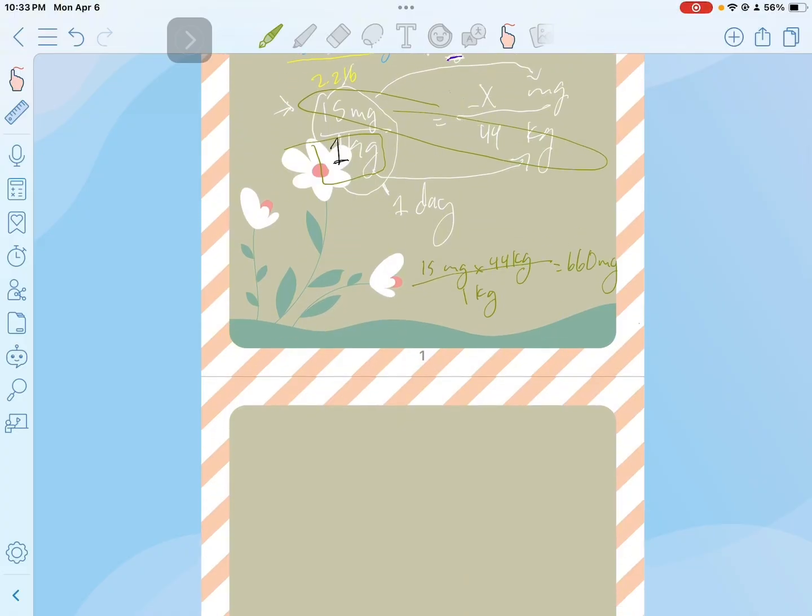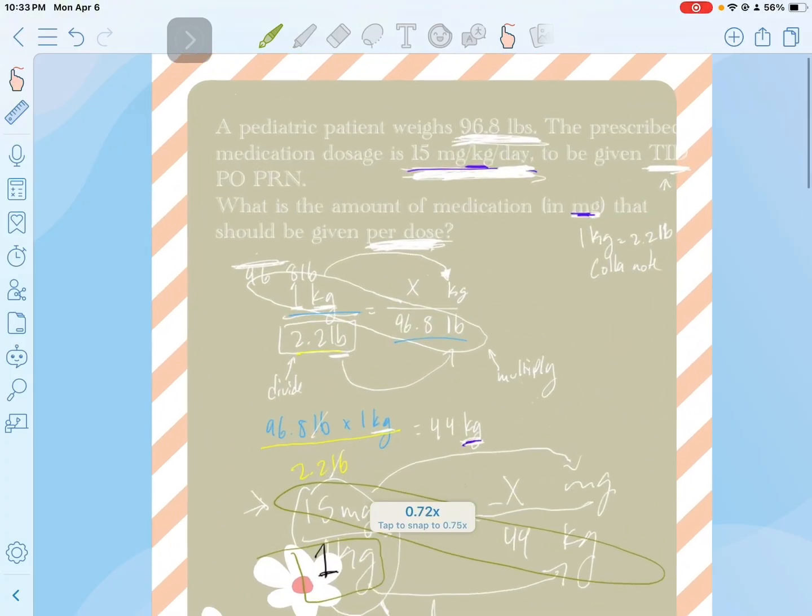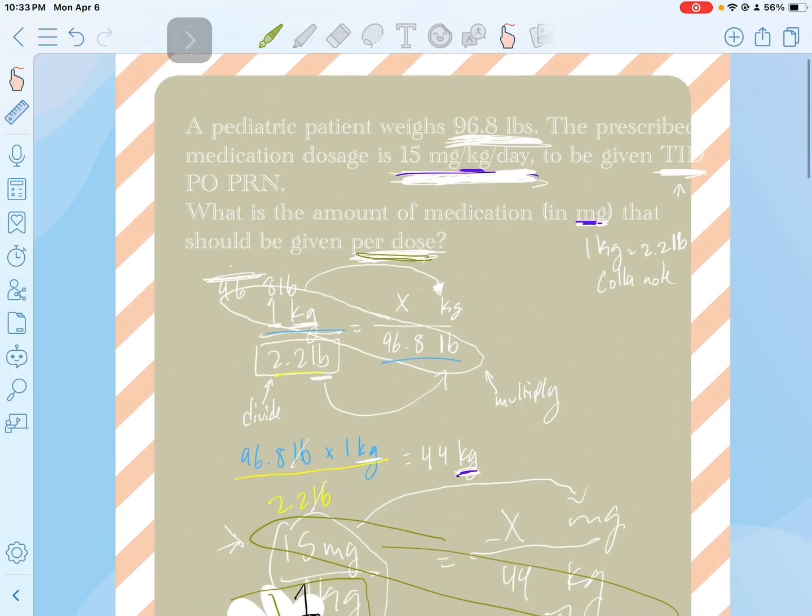And this is for a whole day. This is 1 day. So that means that this is also 1 day. So 660 milligrams is going to be literally into somebody's body, inside of them, if they're feeling pain as needed. And that's going to be for the whole day. But they're asking per dose. They're not asking for the whole day.